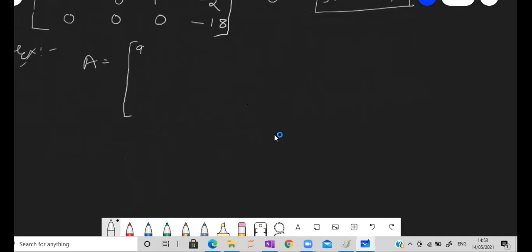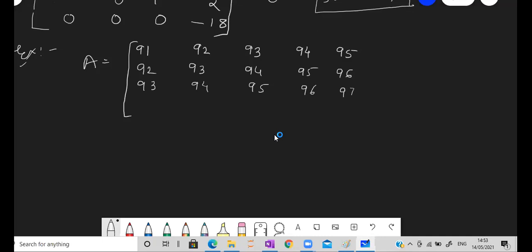We'll be very happy to see that. 91, 92, 93, 94, 95. 92, 93, 94, 95, 96. 93, happy? Happy with the example? 96, 97. Don't worry, I'll not write a 3-digit number, I'll write only up to 2 digits.